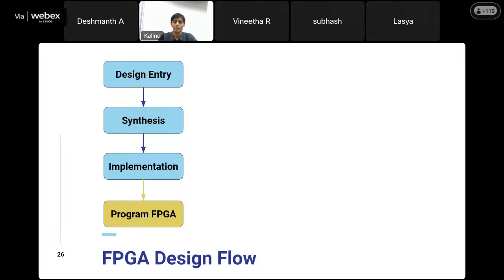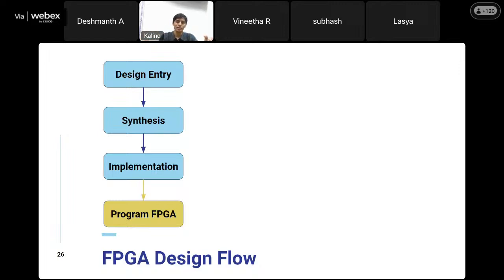So what does implementation mean? Whatever configuration logic blocks are available on the FPGA, right? As I told you in the earlier slides, you do not have a set of logic gates available in the FPGA like in PLAs or CPLDs. You have LUTs available, and the LUTs are nothing but a set of inputs with multiplexers available at the output. You are able to realize any logic function using one single LUT.